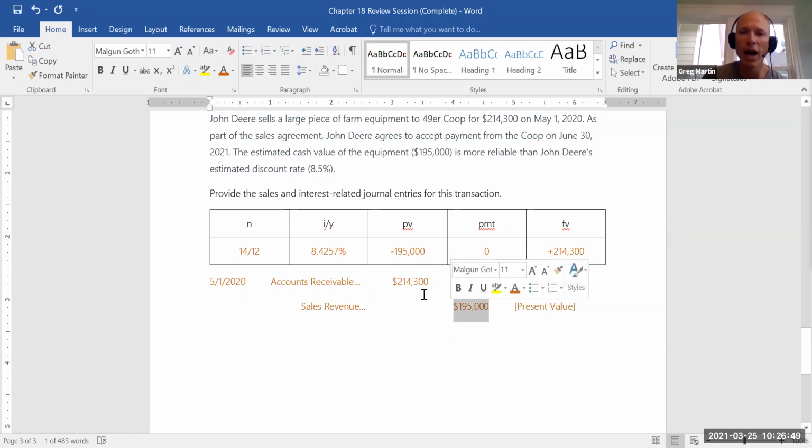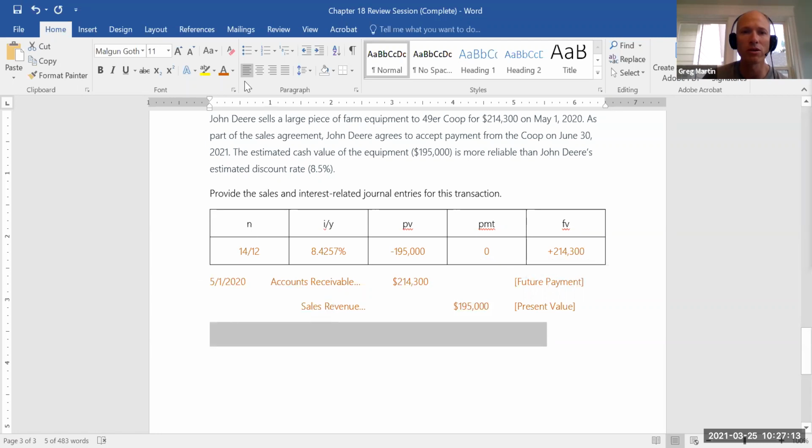Whenever there's a significant delay, that is what's going to happen. The difference between the two is the inferred interest that's part of this transaction. Because there's a significant delay, we infer that this sale includes both sales revenue and interest revenue. The sales revenue is the present value, and the interest revenue is any amount above the present value.